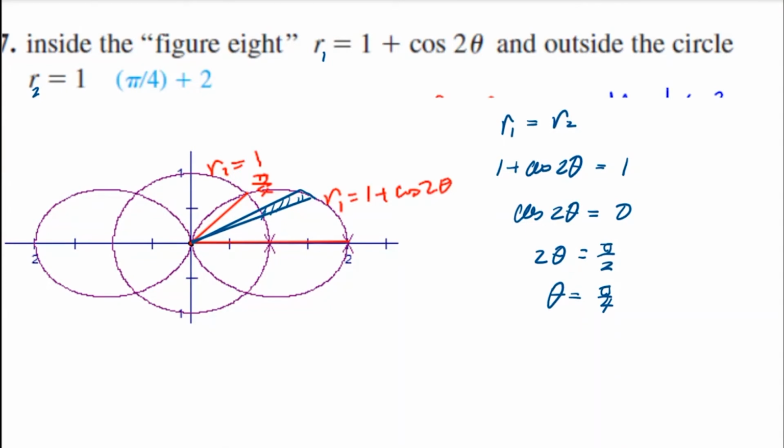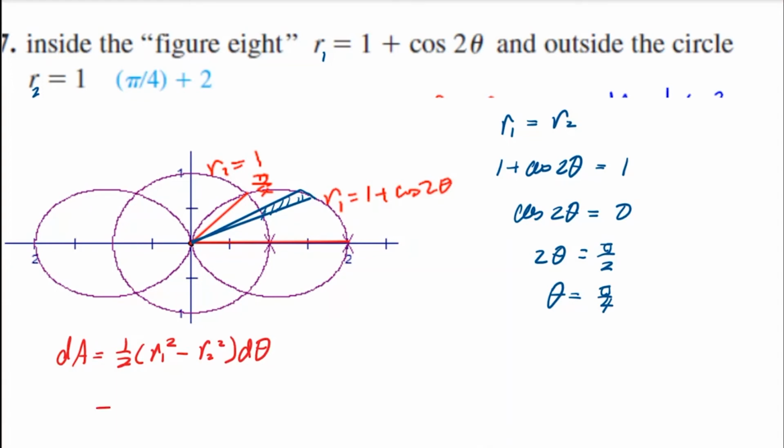Say yes. Okay then, let's calculate dA. I'm going to do it here. dA is 1/2 R1 squared minus R2 squared. Remember this? Because we take the big sector and subtract the small sector out. It's the difference of the squares.